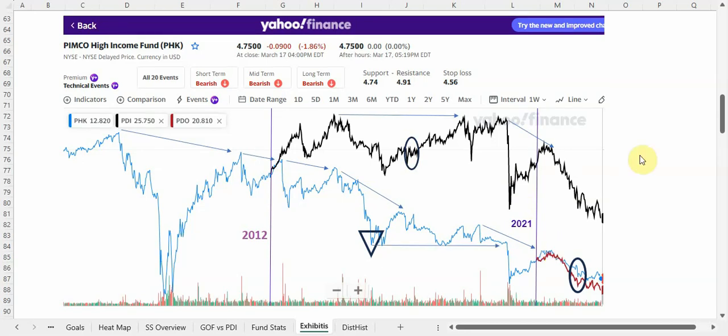In September of 2015, which I can only assume is the first attempt by PHK to course correct, they had their first distribution cut of 2 cents per share. And about every couple years after that, 2 cents more.